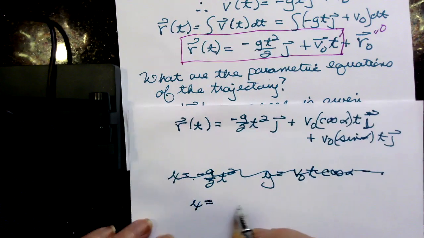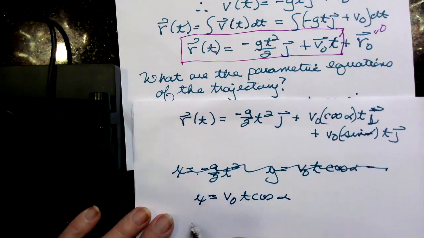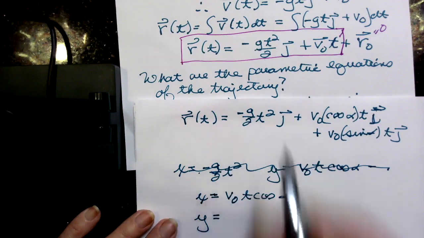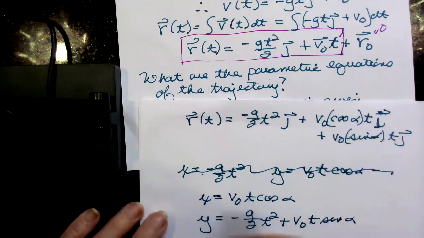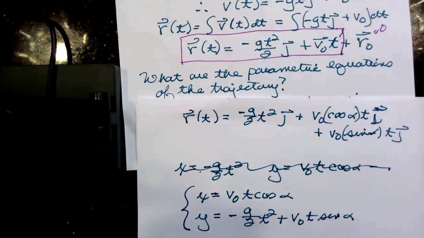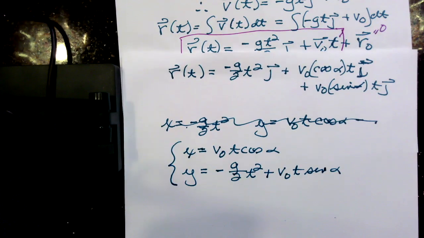So x is equal to v0 t cosine alpha, and y is the j direction. That is minus g over 2 t squared plus v0 t sine alpha. And here are your parametric equations. You have to look for x and y and the i and j directions. Sorry for the little botch up there, brain blip.